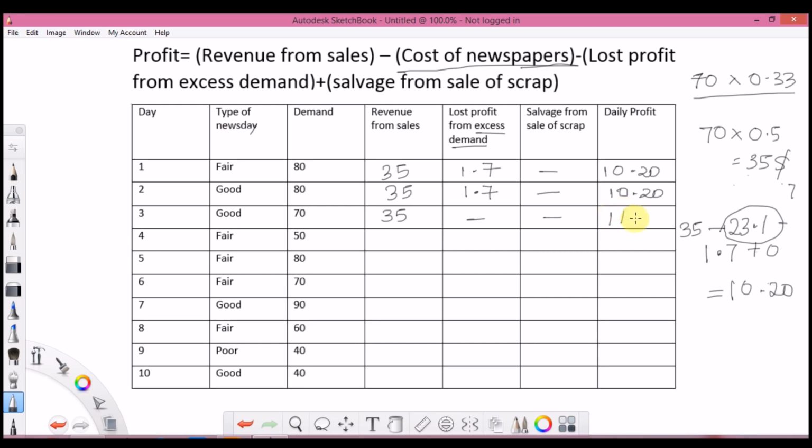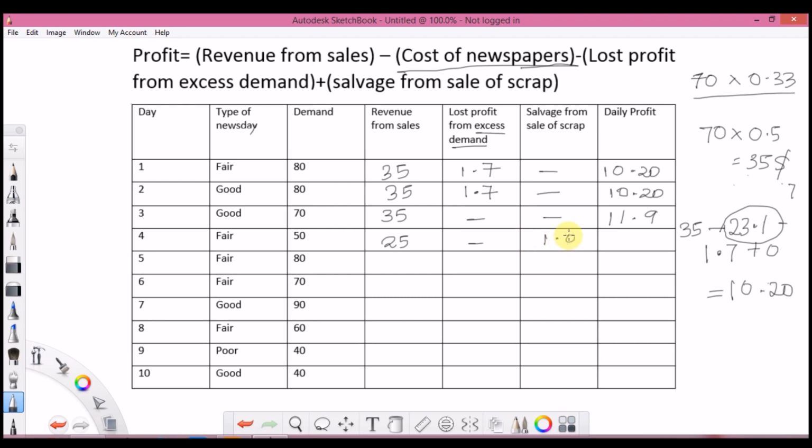So when we apply the formula, we get 11.9. Now on the fourth day, with demand being 50, revenue from sales would be 50 into 0.5, which gives me 25. There was no excess demand for lost profit. There was salvage from scrap, yes. Why? Because 70 minus 50 gives me 20, and 20 into the 5 cents at which I sold it gives me $1.